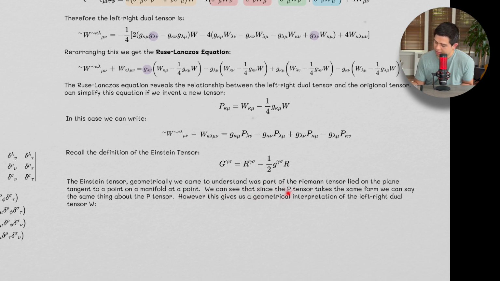We could see that since the p tensor takes the same form, we can say the same thing about the p tensor. However, this gives us something of a geometrical interpretation of the left-right dual tensor W.